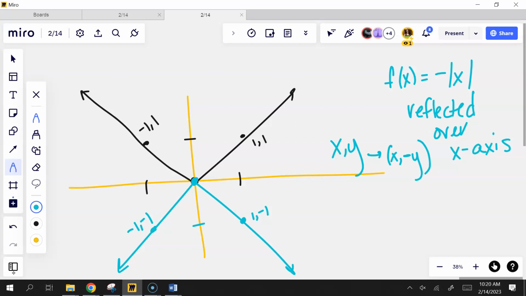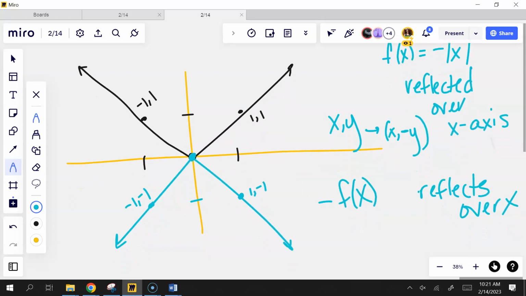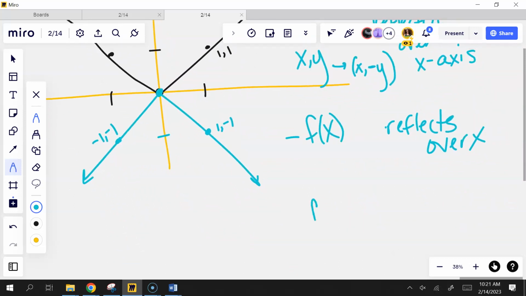All right. So on your guide here, negative f of x. If you just throw a negative in front, that means it reflects over x. Now I do want you to add one other thing here, and that's f of negative x.